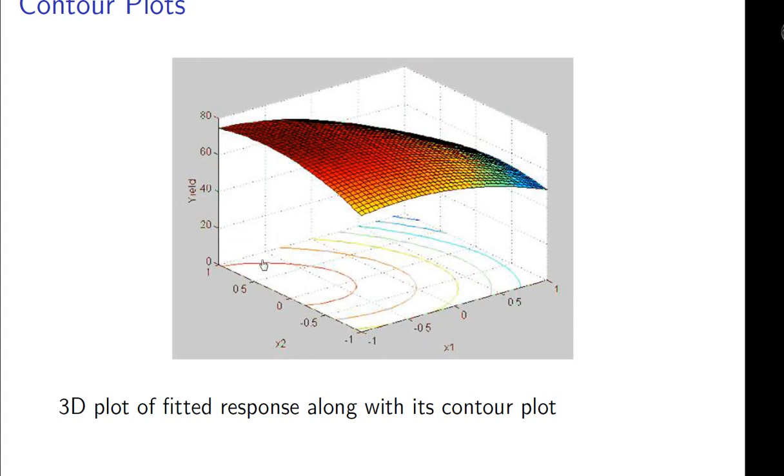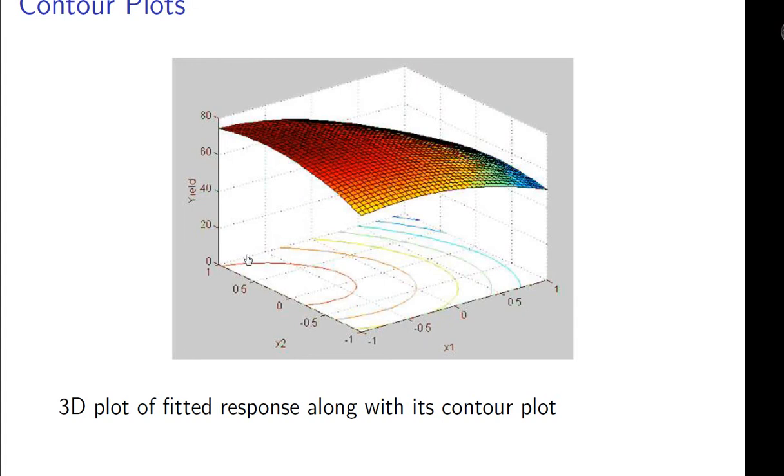But by contour plots, we mean these lines that you see in the x1, x2 plane. And this is colored, and the red area is closer or hotter, it's closer to the maximum. The blue is colder or further away from the maximum.